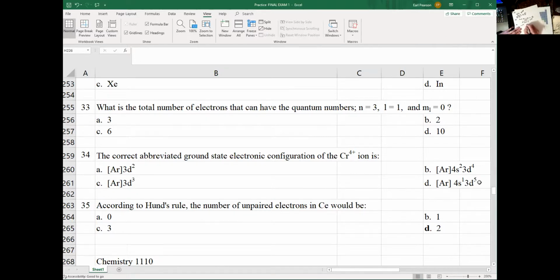So let's first do chromium. Chromium is right there. Its noble gas is argon. And then what do we do after we get to argon? After argon is 4s2.